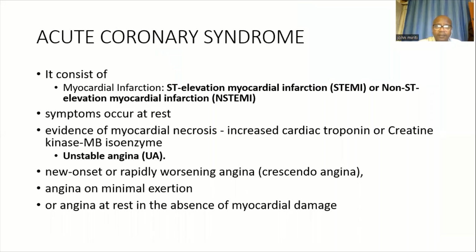So let us look at what is called acute coronary syndrome. It consists of myocardial infarction, where there is ST elevation myocardial infarction, or non-ST elevation myocardial infarction. Symptoms occur at rest, with evidence of myocardial necrosis: increased cardiac troponin or creatine kinase MB isomer. Unstable angina is new onset, rapidly worsening angina, that is crescendo angina, angina on minimal exertion, or angina at rest in the absence of myocardial damage.